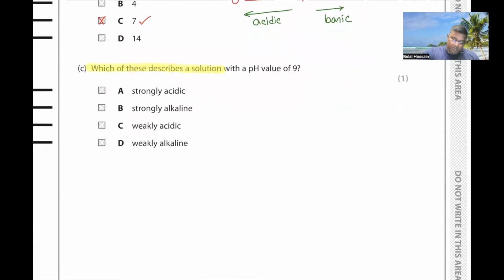Which of these describes a solution with a pH value of 9? A pH value of 9 indicates alkaline or basic. If anything is strongly acidic or weakly acidic, it cannot be above 7. It has to be below 7. So strongly alkaline cannot be pH value of 9, because 9 tends to be weaker.